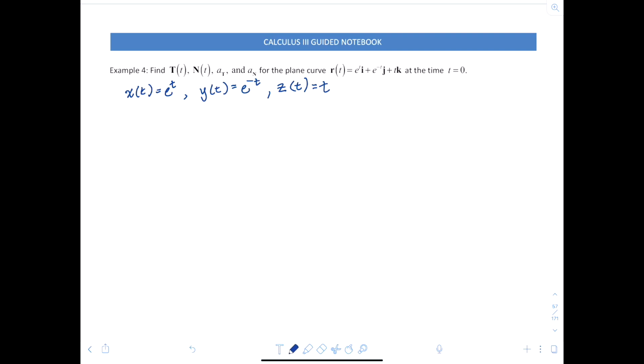All right, now r prime of t is equal to, in component form, the vector e to the t, negative e to the negative t, and 1.